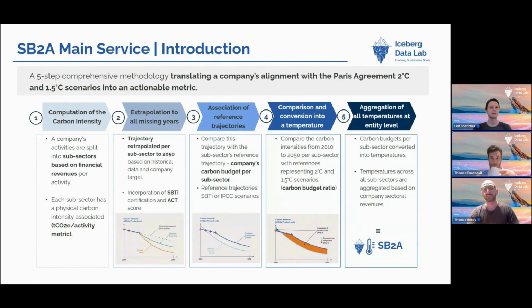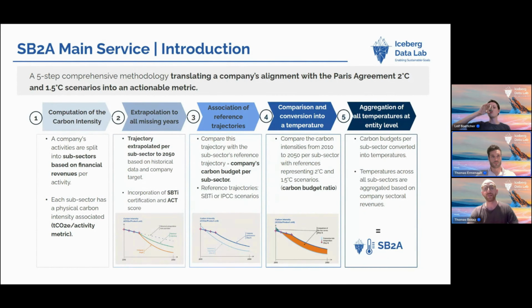After that, we associate the trajectory we define for a given company to a reference trajectory specific to every sector. A given company can have several sectors, so here we talk at the sector level of the activity of a company.